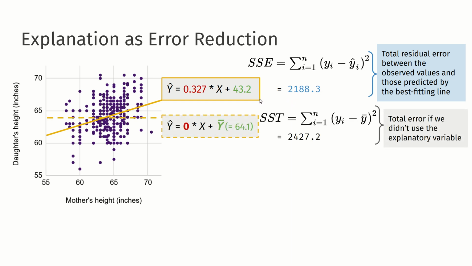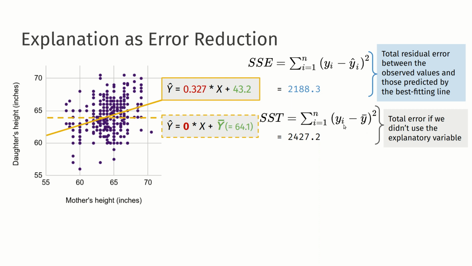Now, if we didn't know anything about the mom's height, in other words, if we had no access to that information, then the best we could do to guess how tall a daughter would be is the mean height of daughters. That mean we often write as y with a little bar on top of it. The bar is usually our shorthand for a sample mean.